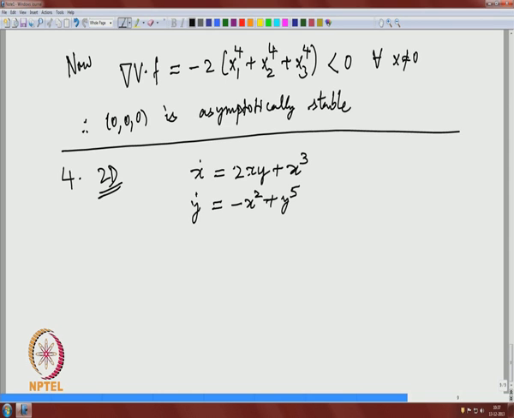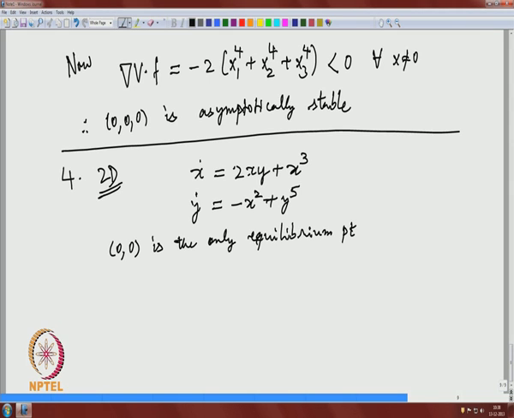So, you can do it yourself. So, again (0, 0): you can check (0, 0) is the only equilibrium point. So, here also the Jacobian at this point of this system is the 0 matrix. Okay. So, let me not again and again discuss that.